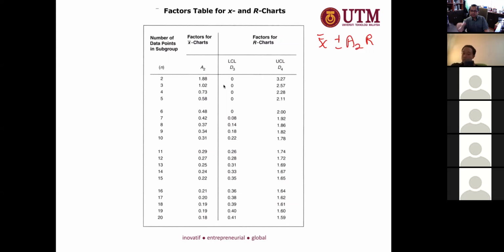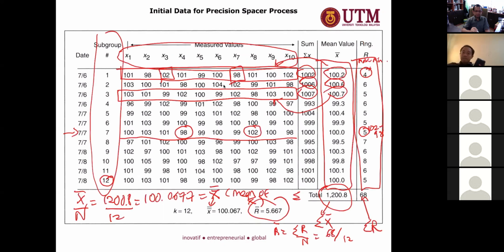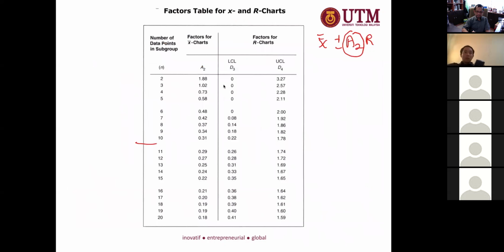Positive for upper, negative for lower. How to get the A2? It depends on how many samples we have for each subgroup. We have 10 here. So n equal to 10, we use this one. So A2 is 0.31.